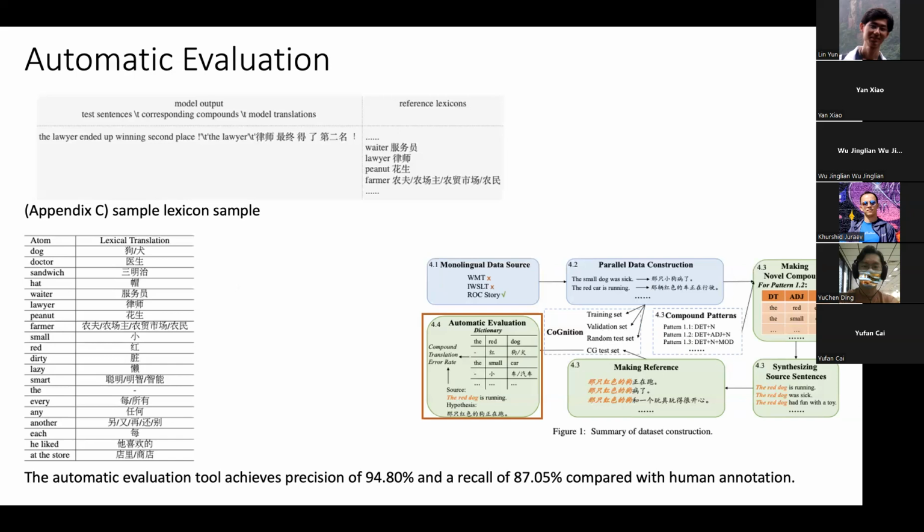From my understanding, they are just saying it is a replacement for human evaluation. I feel like they just want to say they have an automatic tool for evaluating the compound. But is this automatic evaluation tool their approach? They didn't mention that. So is this the baseline?